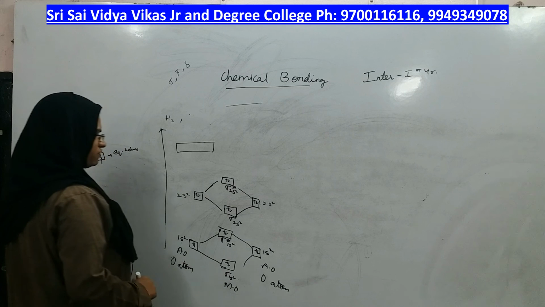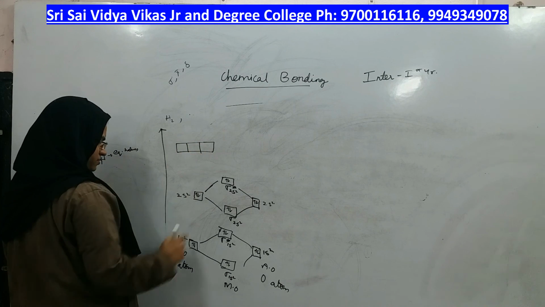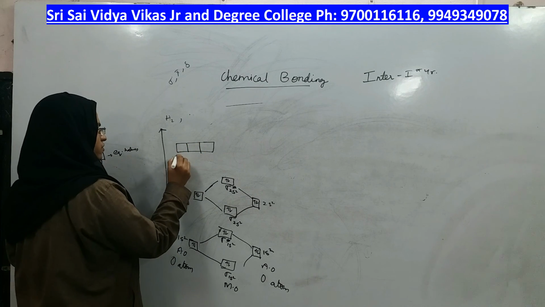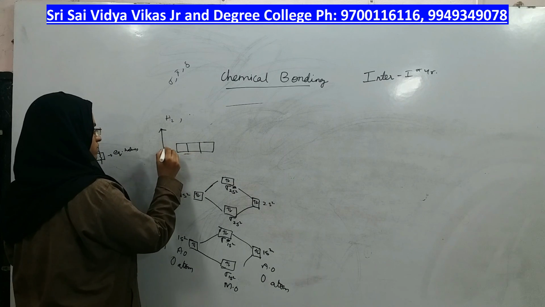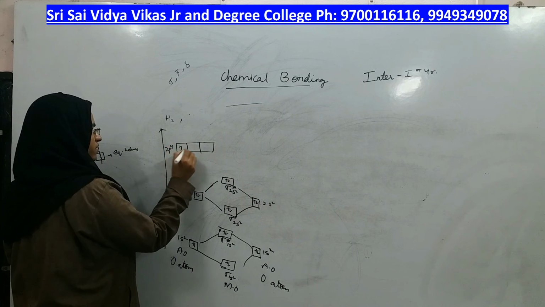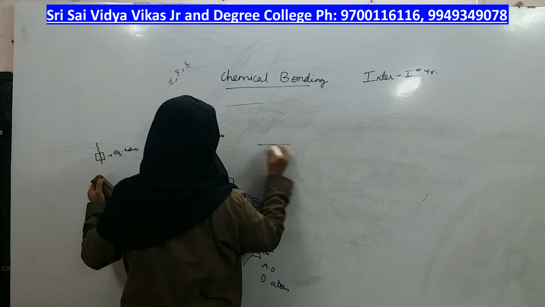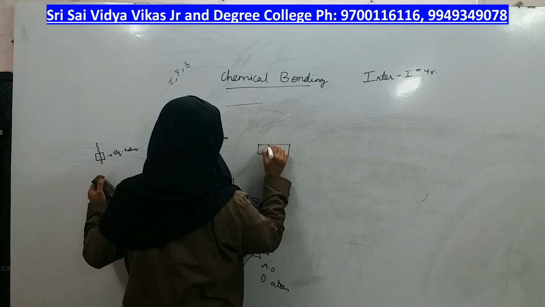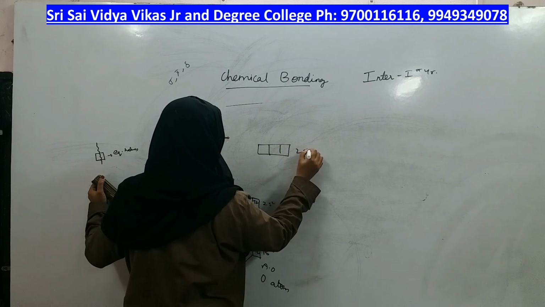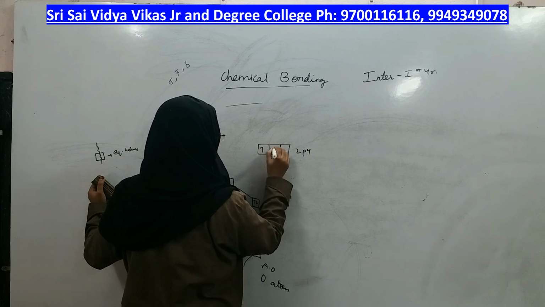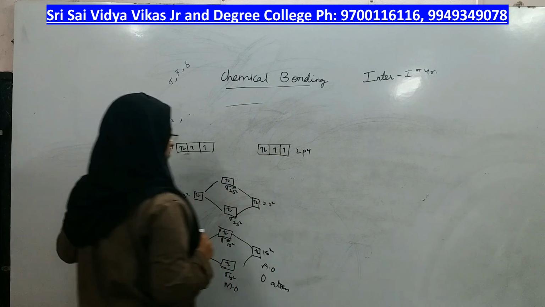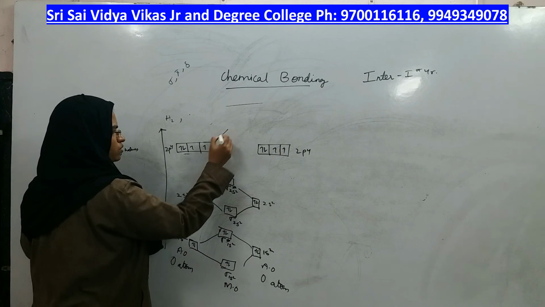What is the electronic configuration of oxygen atom? 1s2, 2s2, 2p4. One, two, three, four. Same way 2p4. 1, 2, 3, 4. Right?